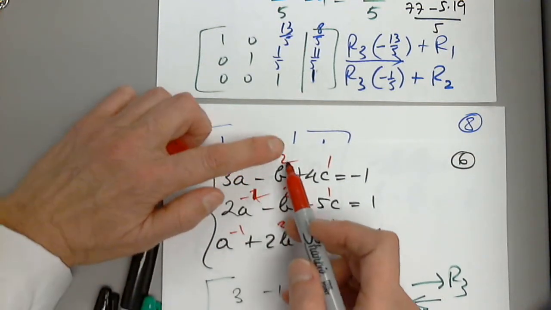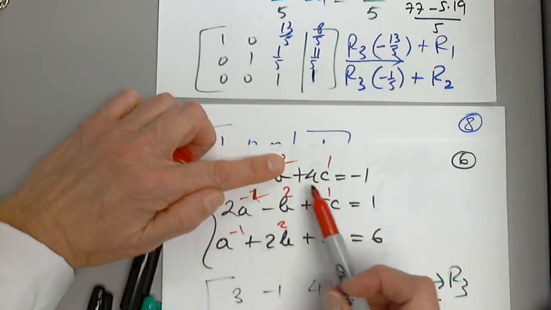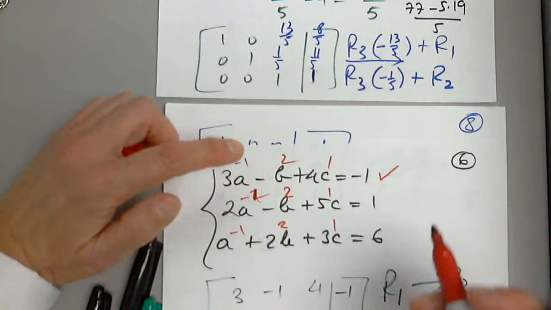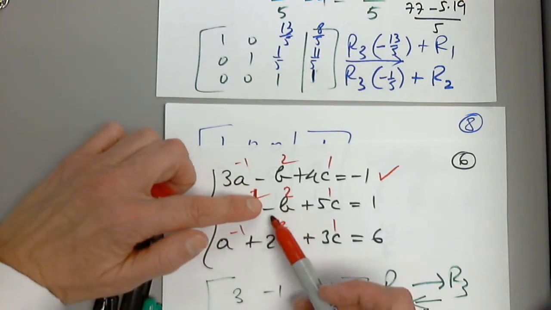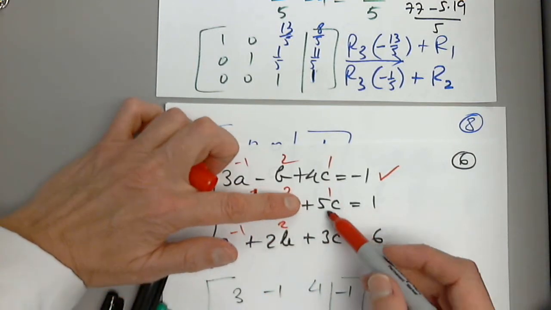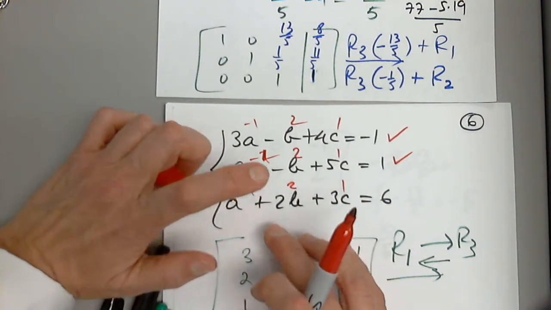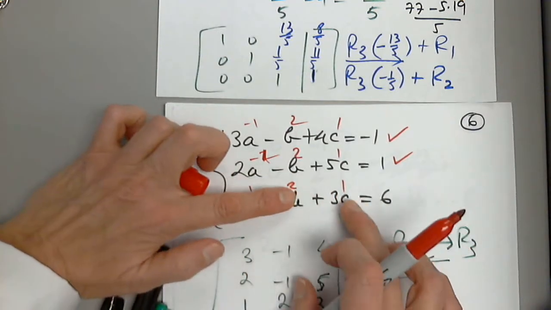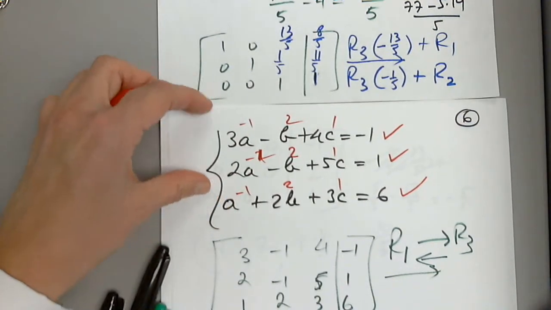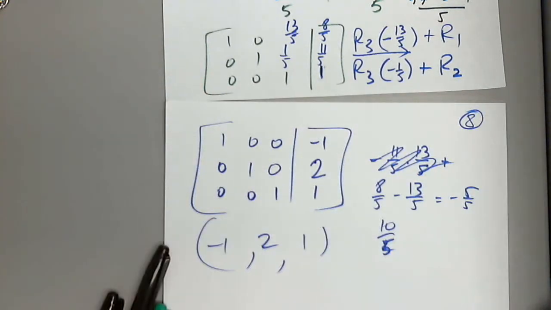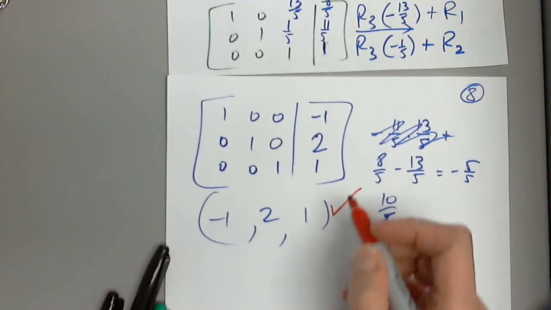Negative 3 minus 2 is negative 5 plus 4. Yes. Negative 2 minus 2 is negative 4 plus 5, 1. Yes. Negative 1 plus 4 is 3, plus 3 is 6. Yes. And now I know you can put it in for sure. This is it.